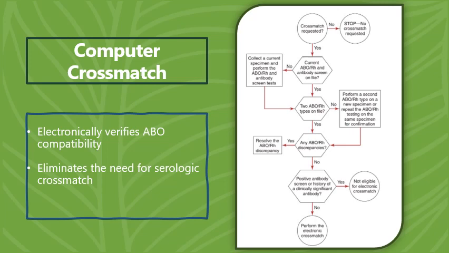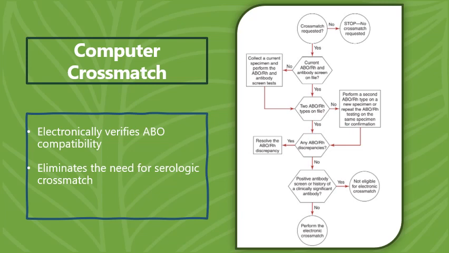Computer or electronic crossmatch electronically verifies ABO compatibility. This crossmatch eliminates the need for a serology crossmatch, which reduces sample volume and testing time. Two ABO grouping results should be found in the file of the patient, one from the patient records and one from the current specimen collection.